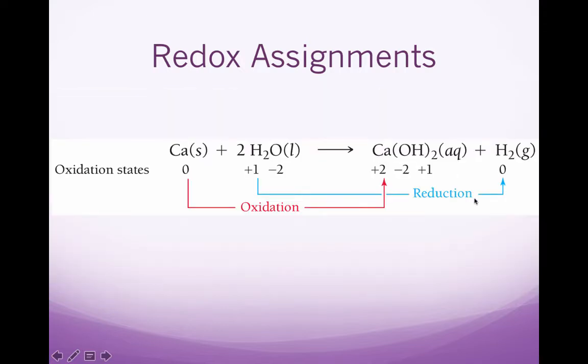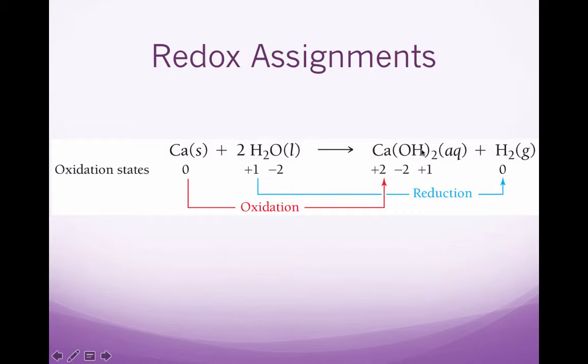Let's get another example. Here we have calcium. Calcium just by itself is 0. Here we assign hydrogen first. So hydrogen is +1. We have 2 of those, so oxygen must be -2, so the charges cancel. We go over here, we first assign hydrogen.